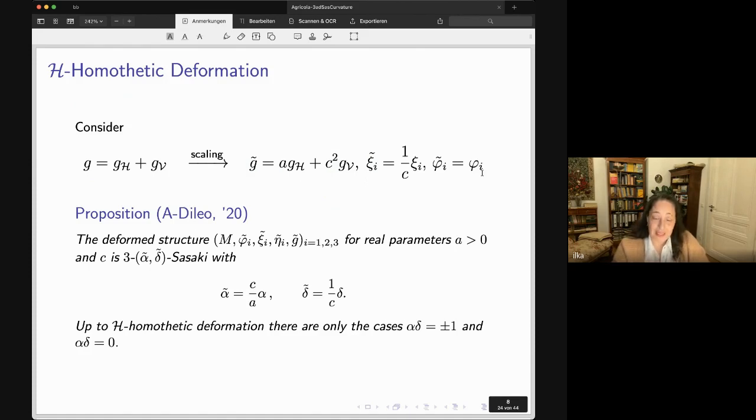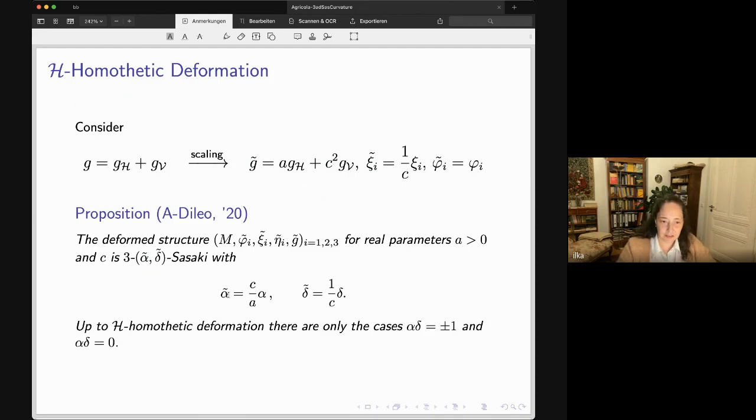Then you compute, and you realize if you do an H-homothetic deformation of a three alpha delta Sasaki manifold, it is again a three alpha delta Sasaki manifold, but the parameters alpha and delta are modified. You become some alpha tilde and delta tilde.